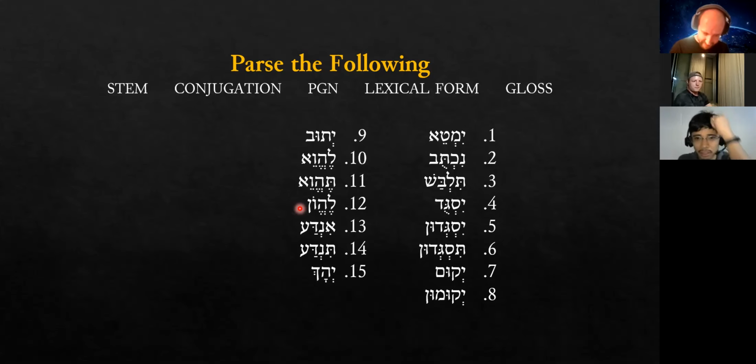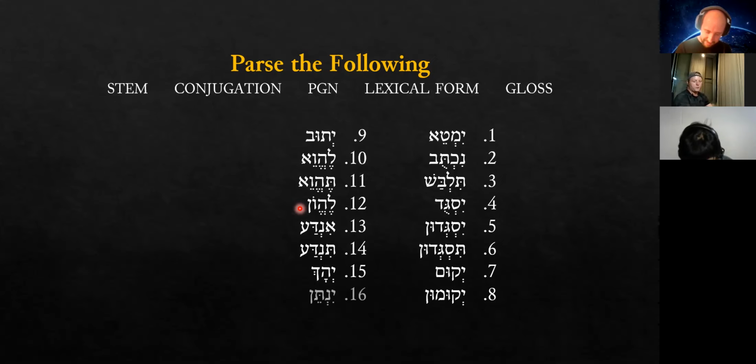Yahach. This is the halak one, right? Peal imperfect, third masculine singular from hey lamed kaf. He will walk or go.